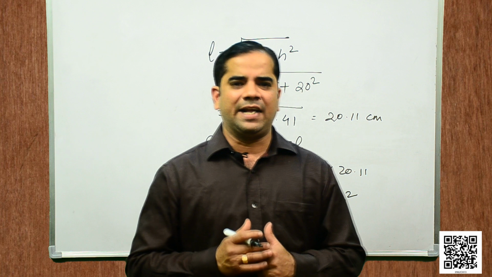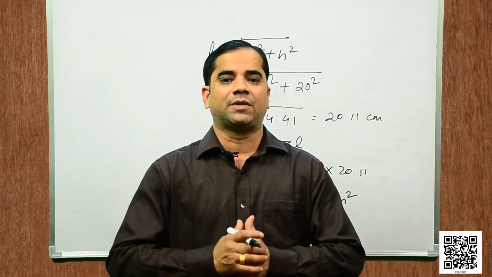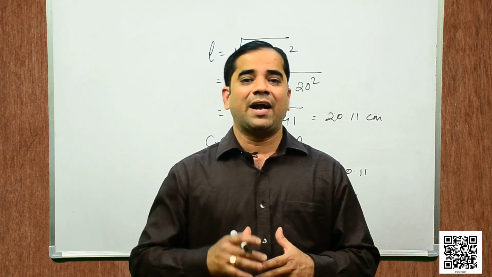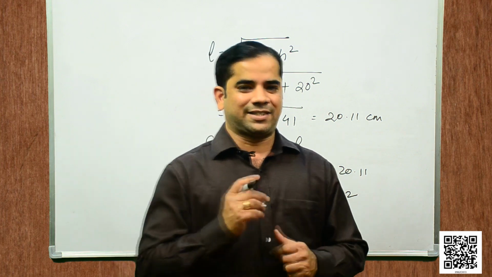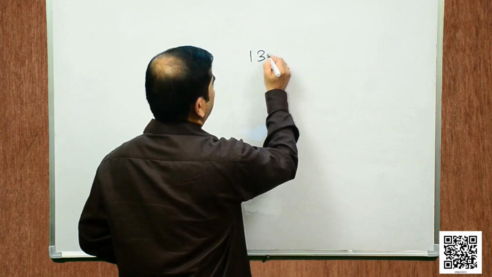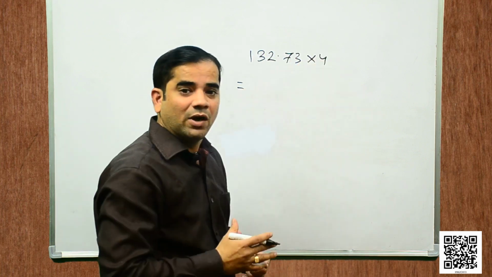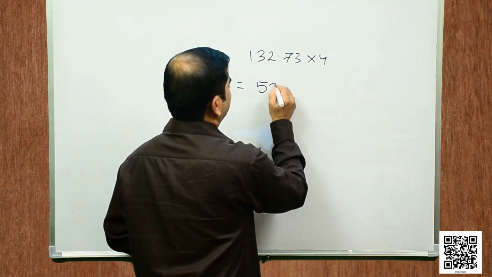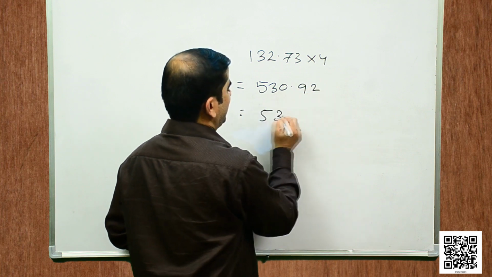So, number of grains of corn on 1 centimeter square of the surface of the corn cob is 4. Therefore, number of grains on the entire curved surface of the cob will be 132.73 into 4, that will be equal to 530.92, or we can say 531.